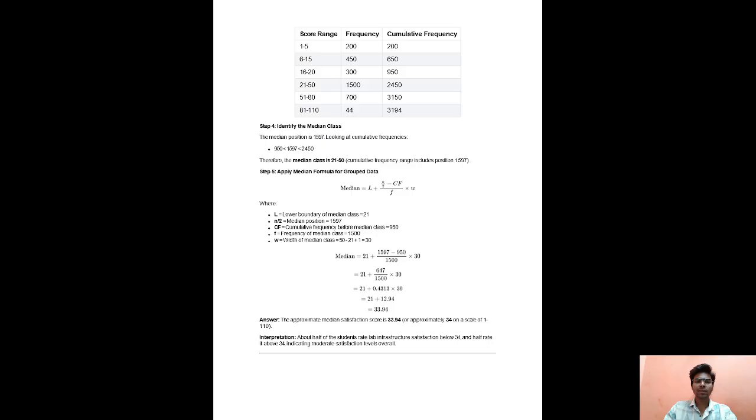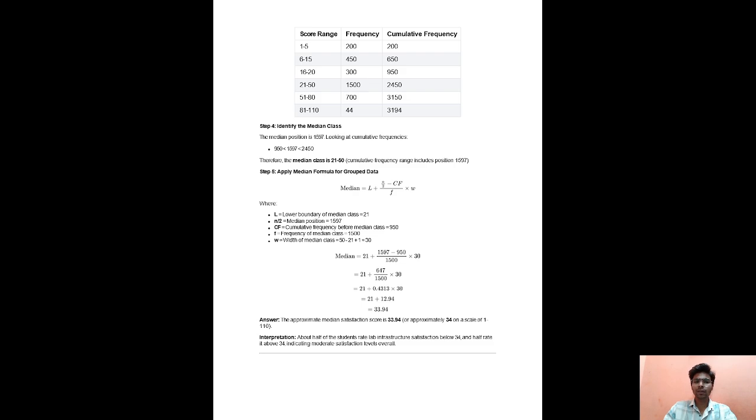Identifying the median class, the median position is 1597, looking at the cumulative frequency. So therefore the median class is 21 to 50.